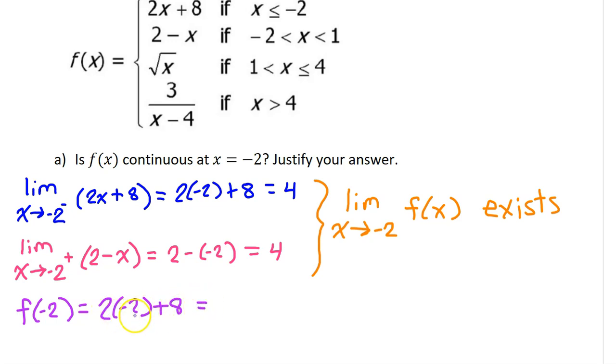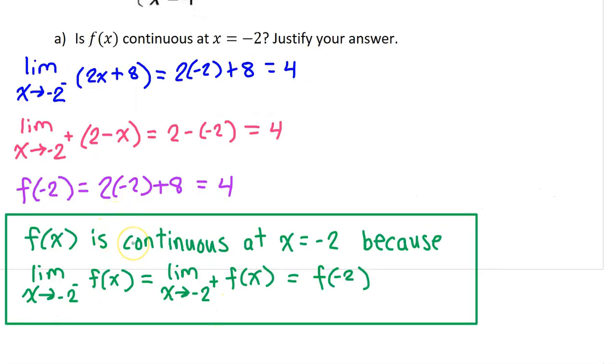And yes, this is -4 plus 8, which is positive 4. We conclude by saying f of x is continuous at x equals -2 because the limit as x approaches -2 from the left of f of x is equal to the limit as x approaches -2 from the right of f of x, which is equal to the value of f at -2.